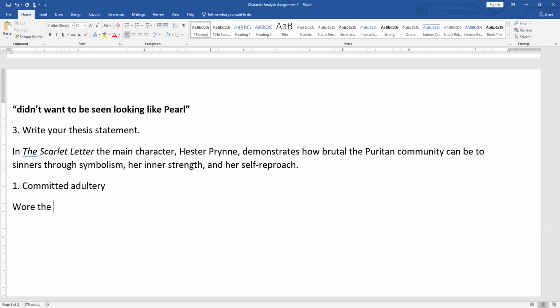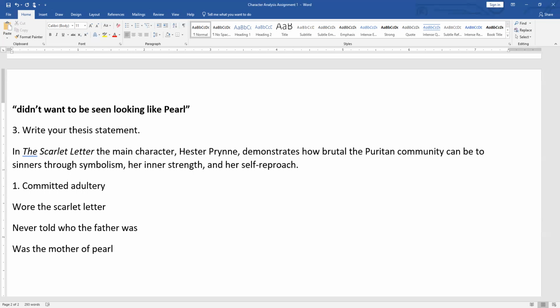Wore the scarlet letter, never told who the father was, the mother of Pearl. Cracks me up. And so under my main idea, the symbolism is the scarlet letter. The symbolism is, you know, so I might do that a little bit.